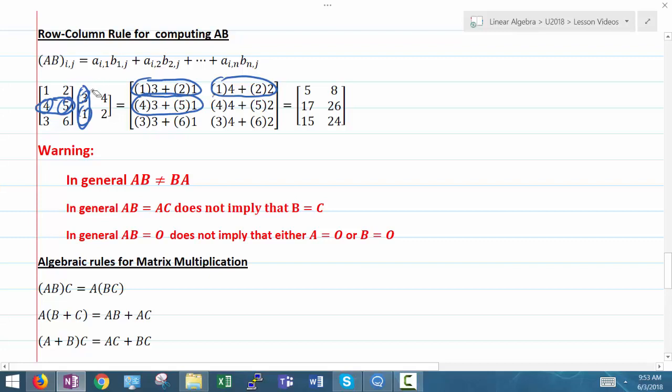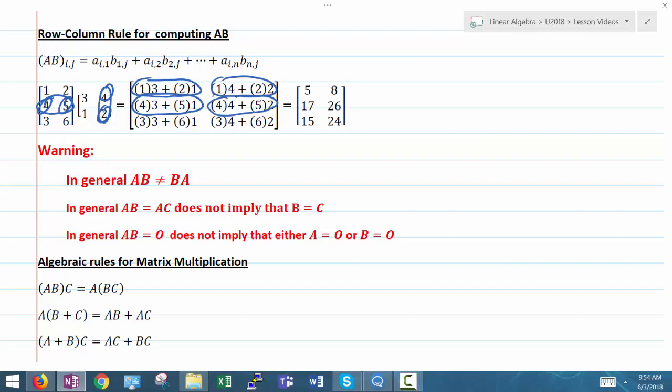There it is. Now the second row of A, second column of B: 4 times 4 plus 5 times 2. I think you see the pattern here. This is the way to perform matrix multiplication, and it's more efficient than doing the matrix-vector products.